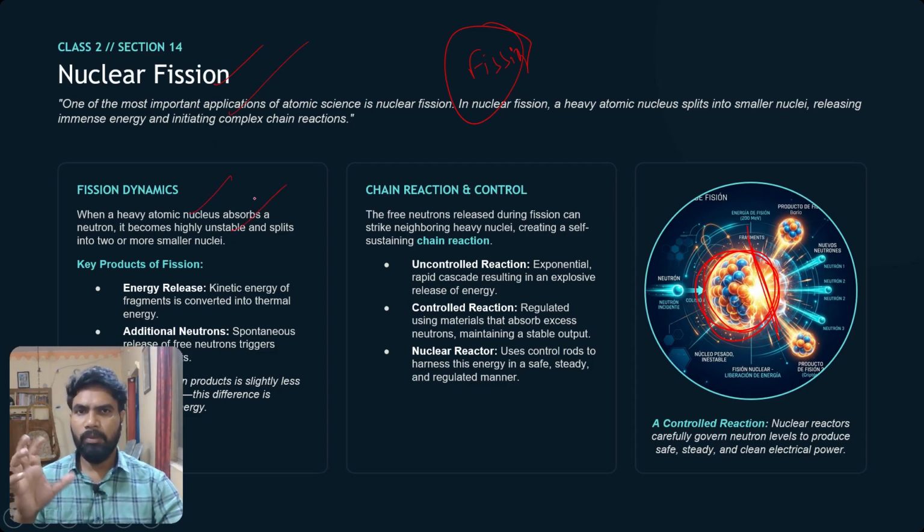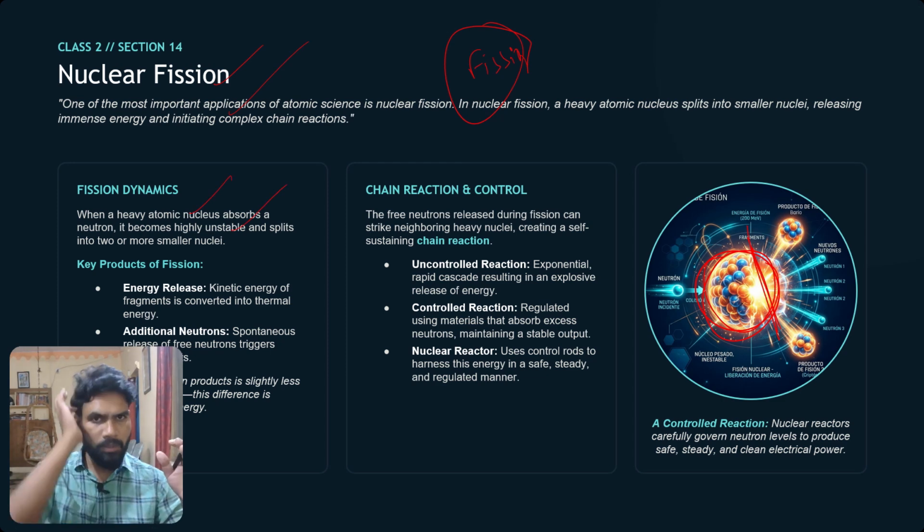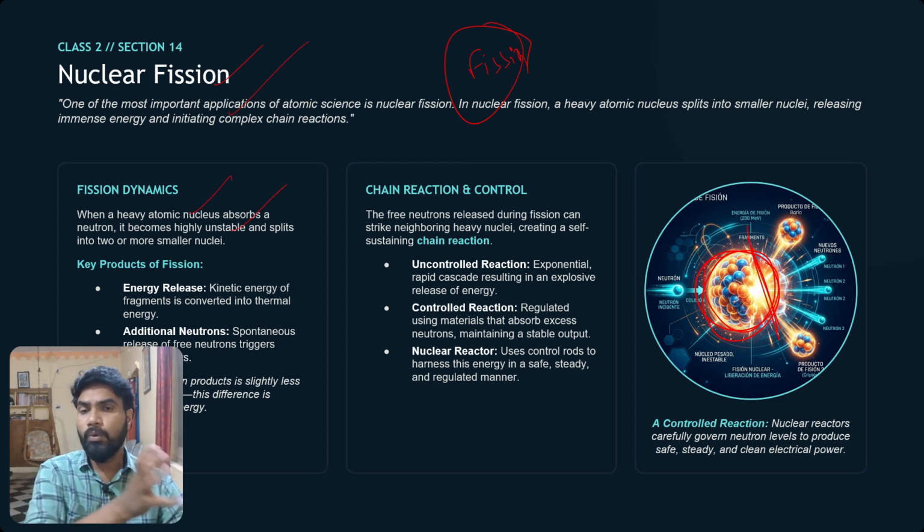When a heavy atomic nucleus, meaning if you go to the periodic table, to elements or atoms which have higher atomic number, I have taken the examples of plutonium, uranium, thorium, radioactive materials with high atomic number. The heavy atomic nucleus absorbs a neutron and becomes highly unstable and splits into two or more smaller nuclei.